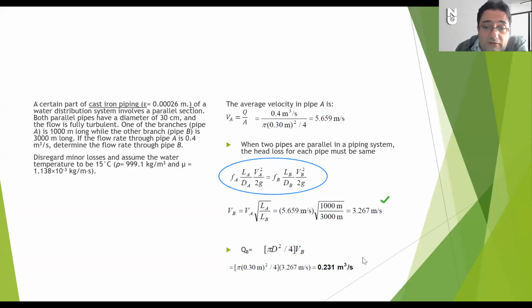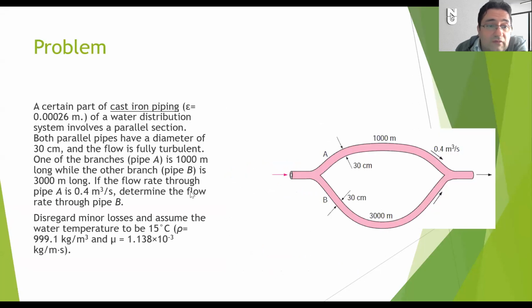However, at this point we should also cross-check our assumption. Our assumption is that the flow should be turbulent. And one more thing, we still don't know the f value.